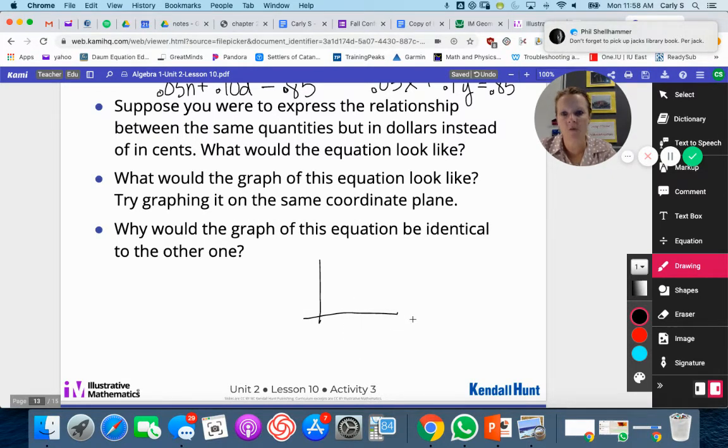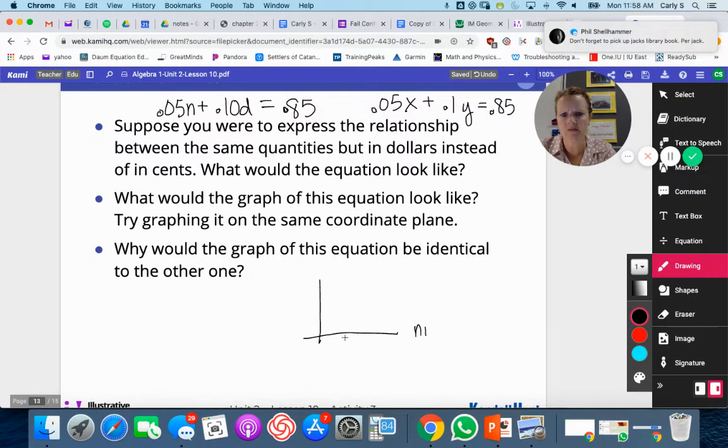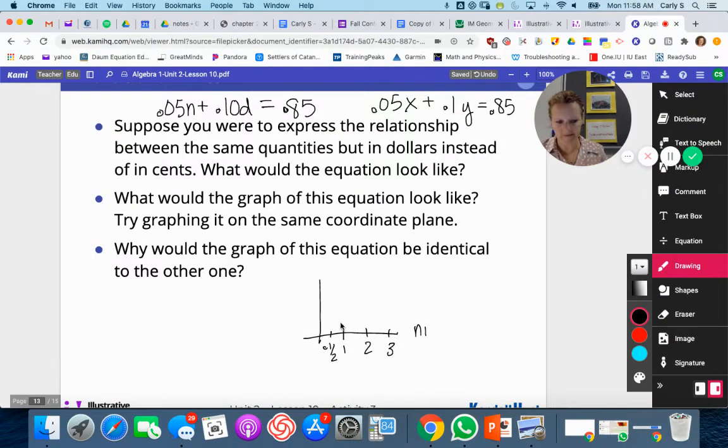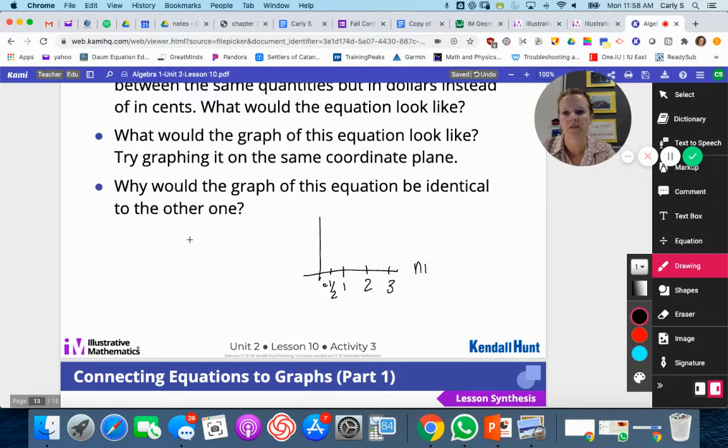Our x-axis and our y-axis would be fine, so this would be nickels. We would just have smaller increments. Well, we could do 1, 2. I would want more space so I could put halves in between. And why would the graph of this equation be identical?